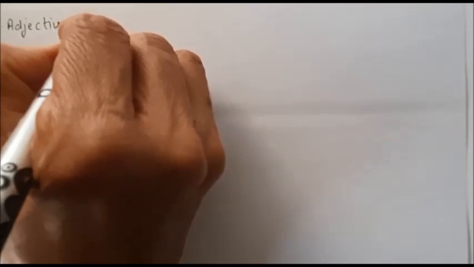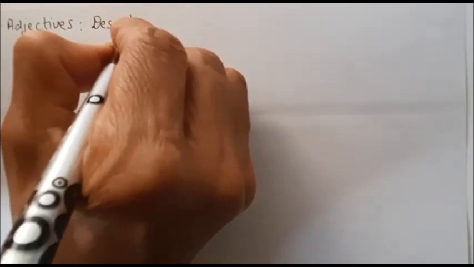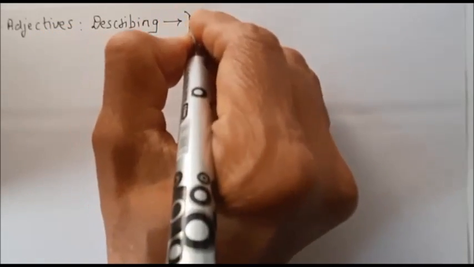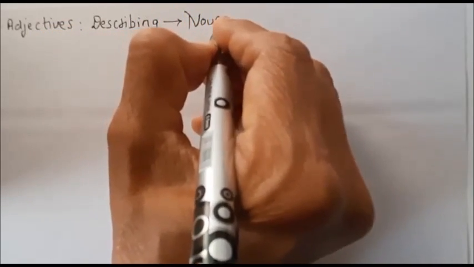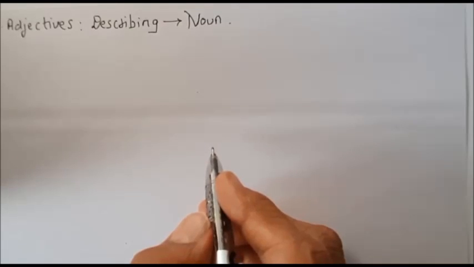Similarly, here you can take adjectives as describing a noun. When you describe any noun, it is called an adjective.